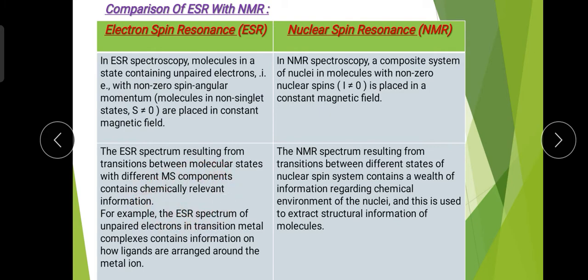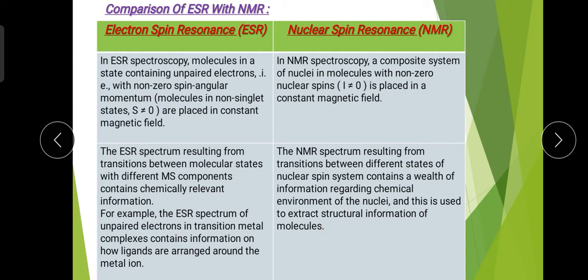In NMR, the spectrum resulting from the transition between the different states of the nuclear spin system contains a wealth of information regarding the chemical environment of the nuclei, and this is used to extract structural information of molecules.